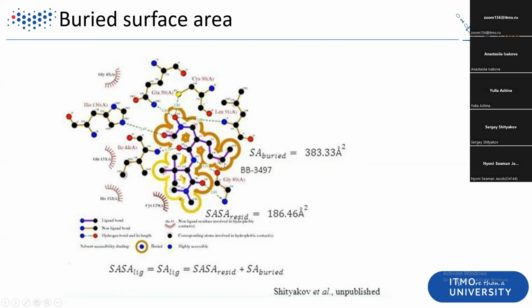Here is the representation of the buried surface area using 2D plotting, some kind of a plot software, and you could use an external program to calculate and plot the buried surface area.